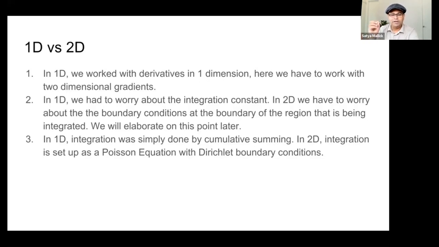In 2D, what integration means is, we can set up this thing as a Poisson equation with Dirichlet boundary condition, which basically says at the boundary, you know the values, and you need to solve something called a Poisson equation, which we will not go into, but you can imagine that this is a kind of integration. You're taking these values and then solving this problem iteratively, and from the derivatives, you can get the integral surface to fix the problem, right?